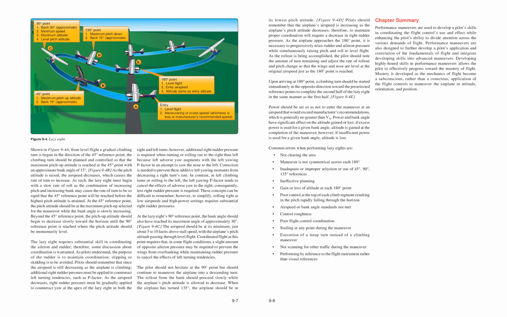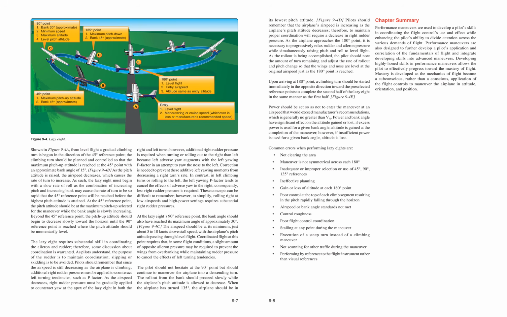Bank 15 degrees, approximate. 180 degrees. Point 1. Level flight. 2. Entry airspeed. 3. Altitude same as entry altitude. Entry. 1. Level flight. 2. Maneuvering or cruise speed, whichever is less, or manufacturer's recommended speed. 45 degrees. Point 1. Maximum pitch up attitude. 2. Bank 15 degrees, approximate.